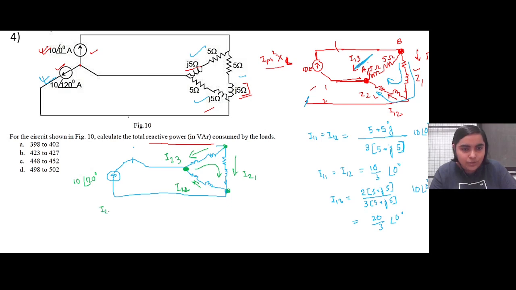So I23 will actually be, the current here, 10 ampere with 120 degree angle, is coming here. So I21 will be negative of I23, sorry, yeah.